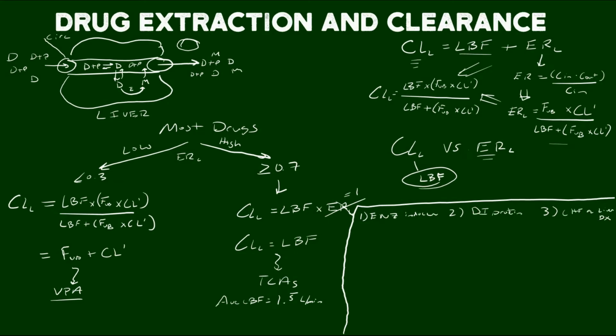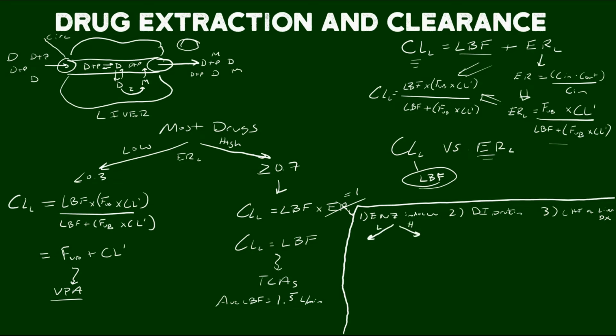The first scenario is an enzyme inducer, the second one is a drug interaction on the protein-protein level, and then the third is congestive heart failure or liver disease. So let's see what the effects of each of these scenarios are in a low and high extraction ratio situation.